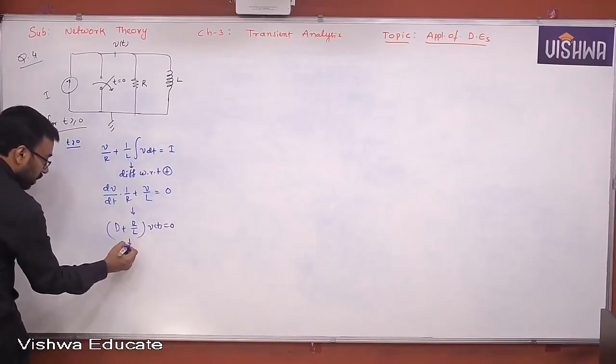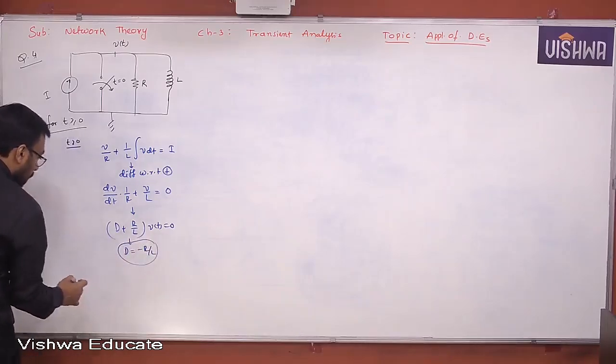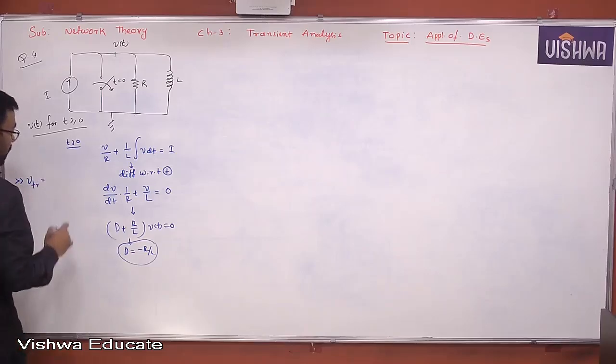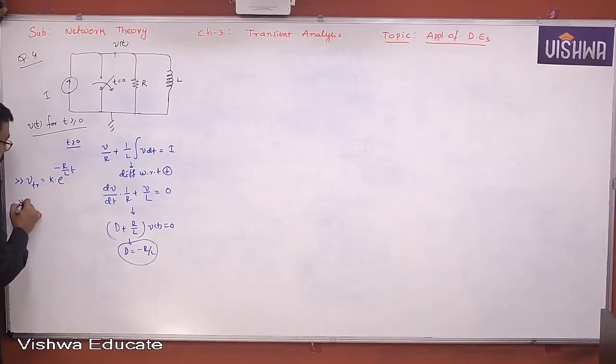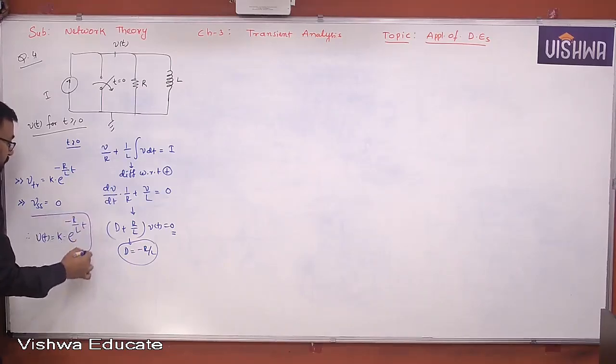You know that d is equal to minus R by L, right? Now, what is V transient? V transient is k times e power minus R by L t. What is V steady state? V steady state is 0 because E is equal to 0, right? Therefore, V of t is k times e power minus R by L t. This is called equation 1.